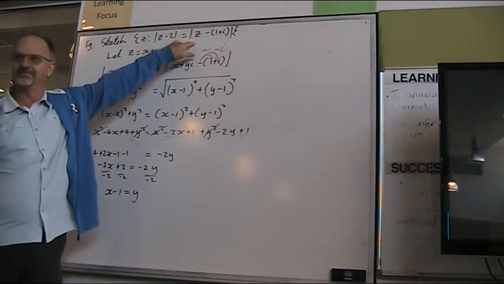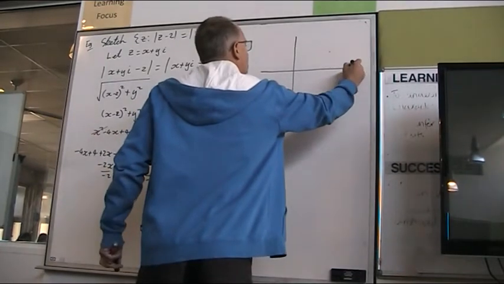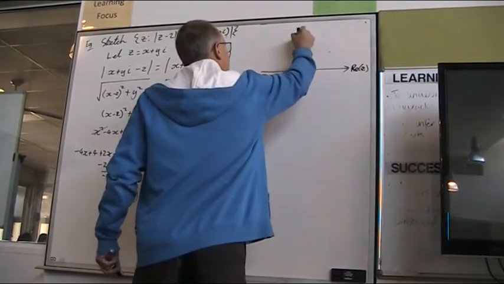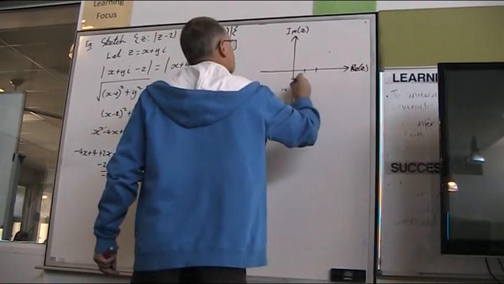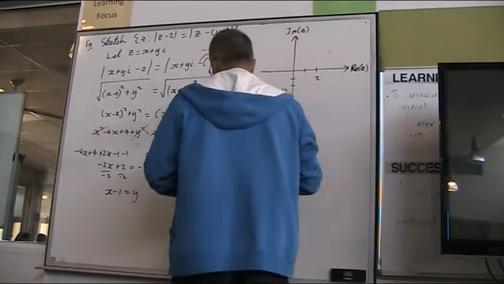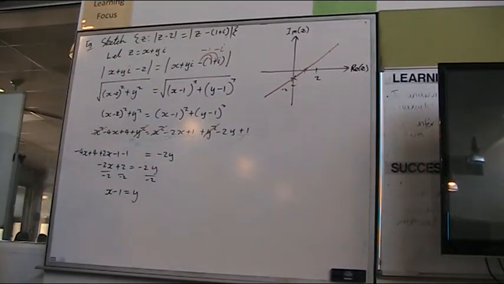Compare that to the real part of z there, the imaginary part of z here. x minus 1, I believe, would go like that. I told you this was going to be fun.